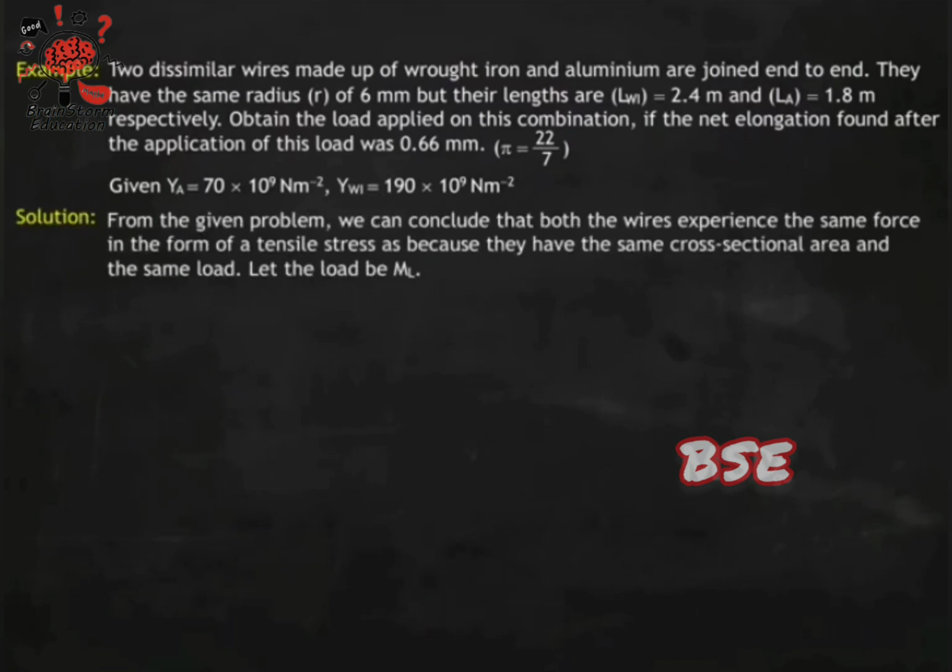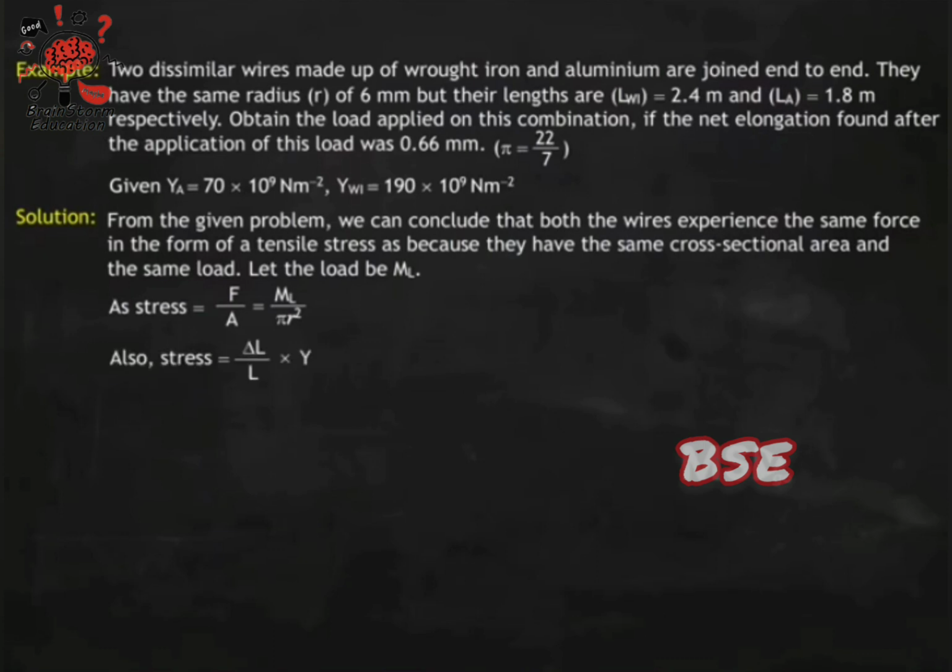Solution. From the given problem, we can conclude that both the wires experience the same force in the form of a tensile stress, because they have the same cross-sectional area and the same load. Let the load be ml. Stress equals F by A equals ml by pi r square.